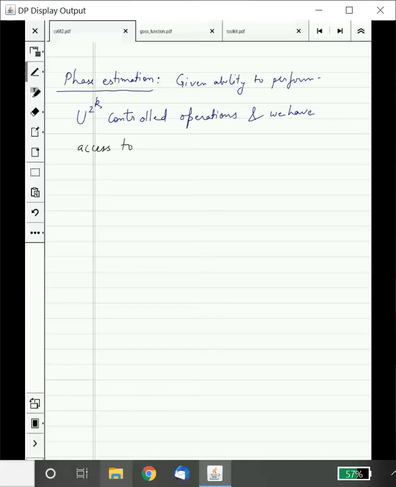When I say access to an eigenvector, I mean as a state. So I can prepare state ui where ui is an eigenvector. In that case, the quantum computer can find the eigenphase. We have to be slightly formal here, we can find the eigenphase up to the required precision.